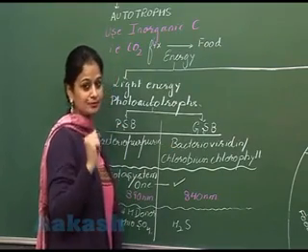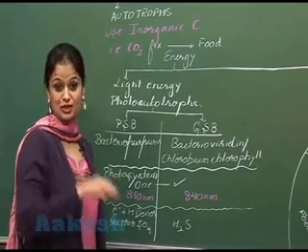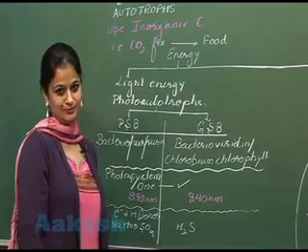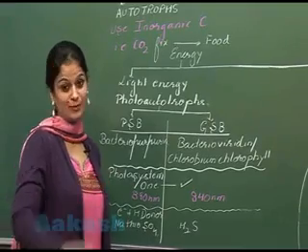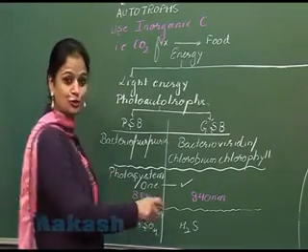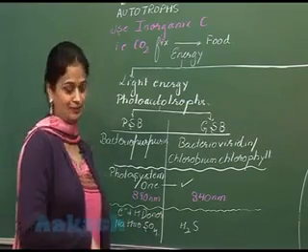Right? Now the electron and hydrogen donor which is utilized here is inorganic. Yes, we are now not talking about the carbon source. We are talking about the electron and hydrogen donor that is also inorganic.